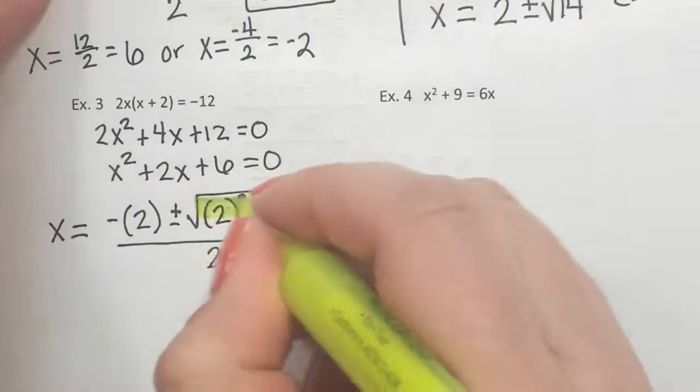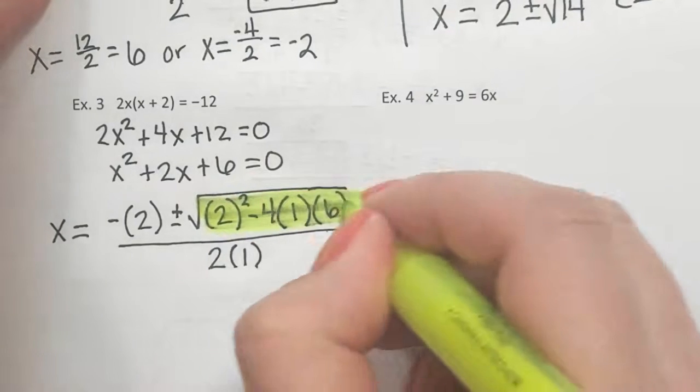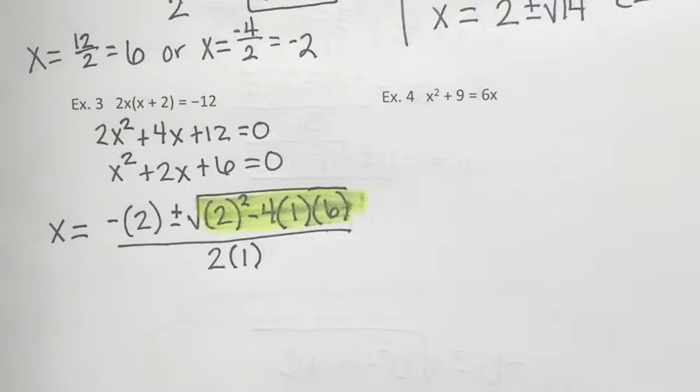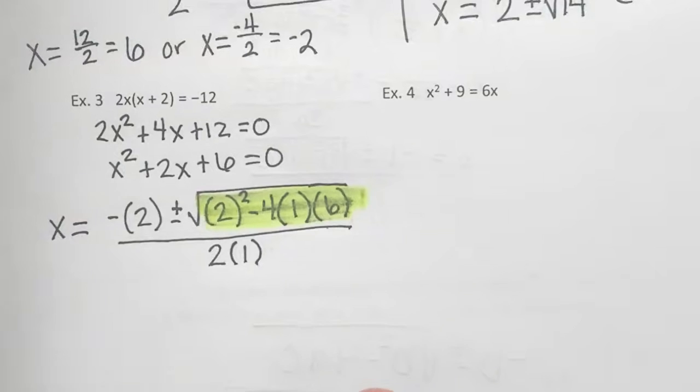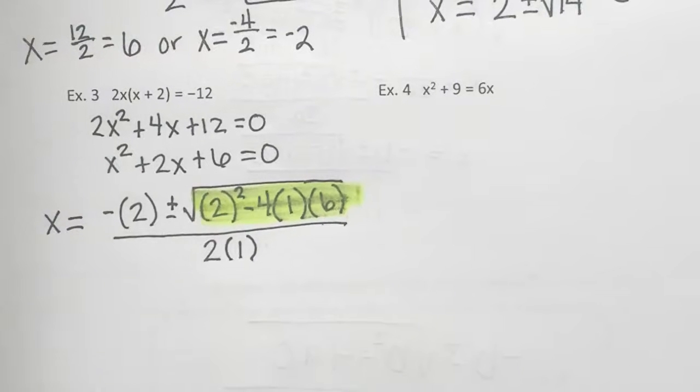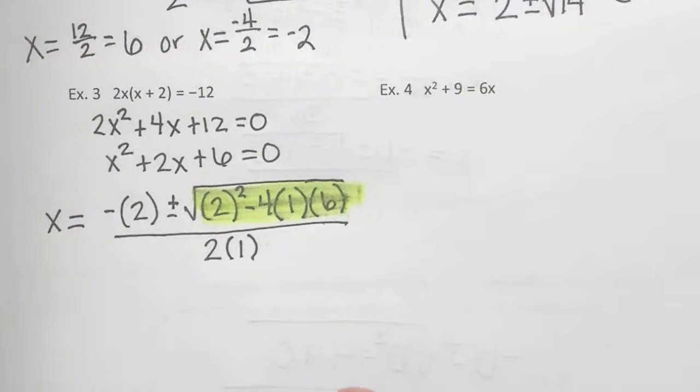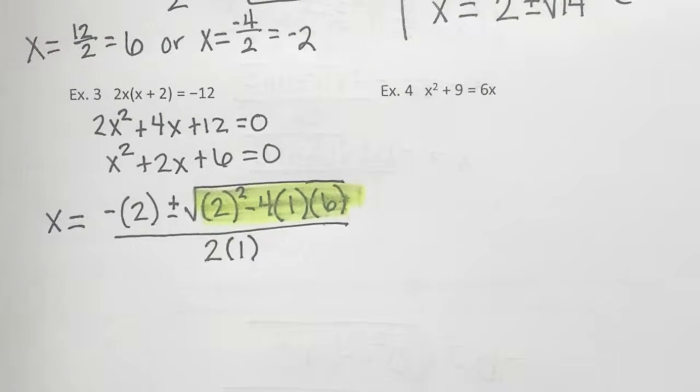All right, now I go to the calculator. Honestly, you might not even need a calculator for that one, but we do it anyway. Discriminant goes in the calculator. 2 squared minus 4 times 1 times 6.